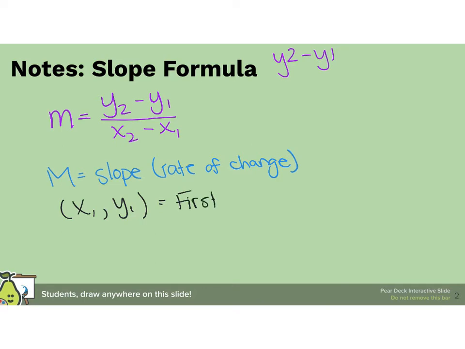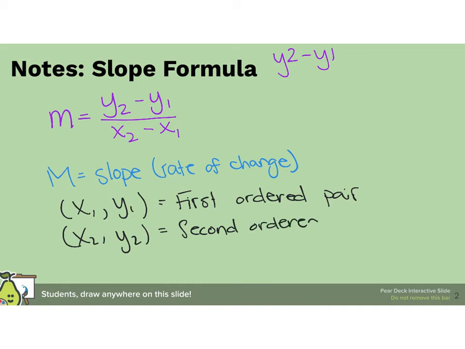So you need two ordered pairs. So this is just the first one. And then the x2 comma y2, that's the second ordered pair. So that's what everything stands for.